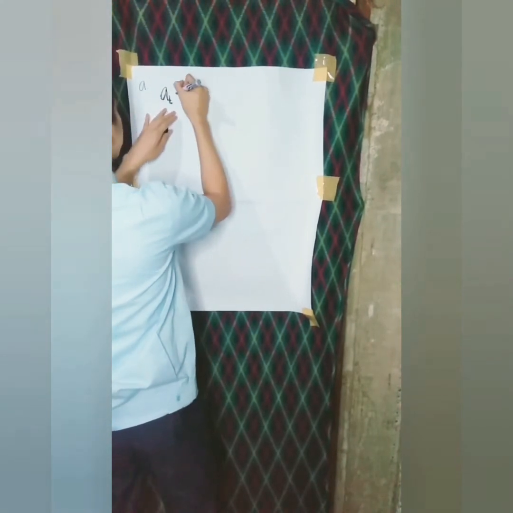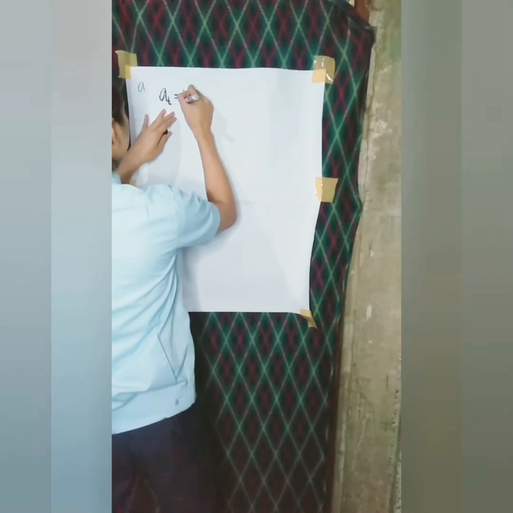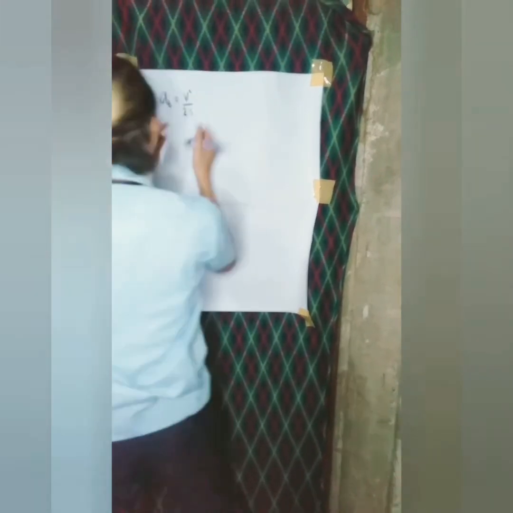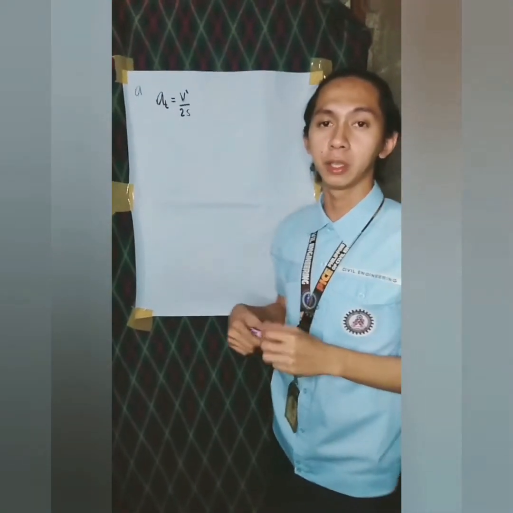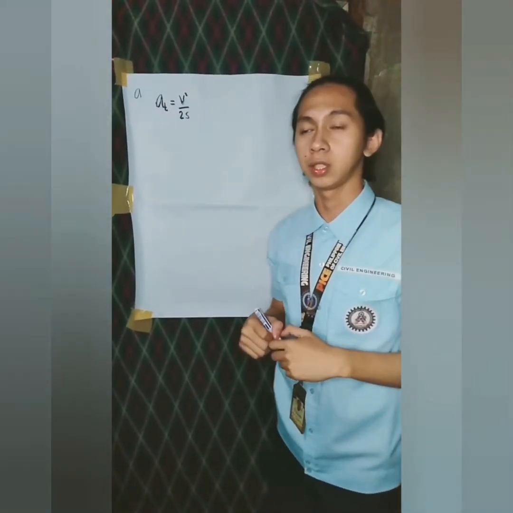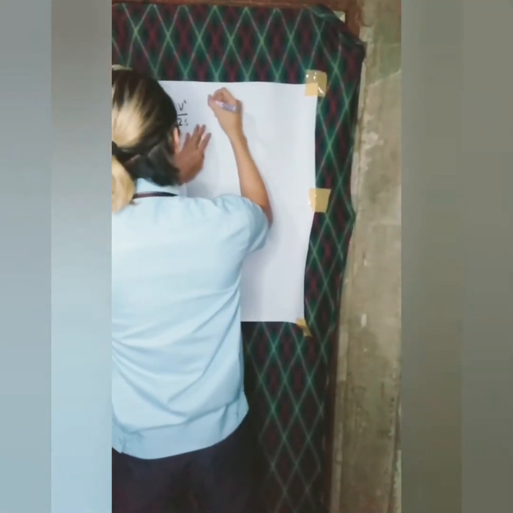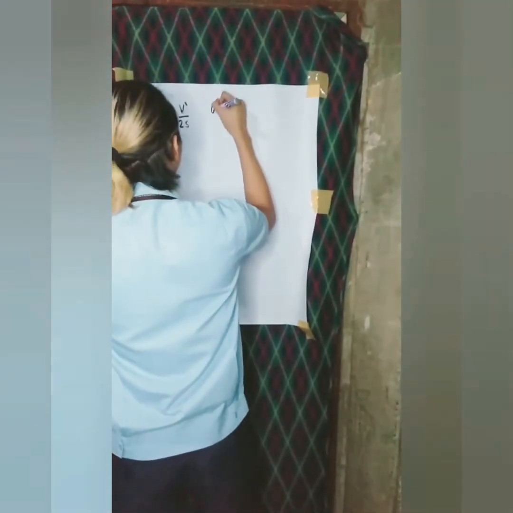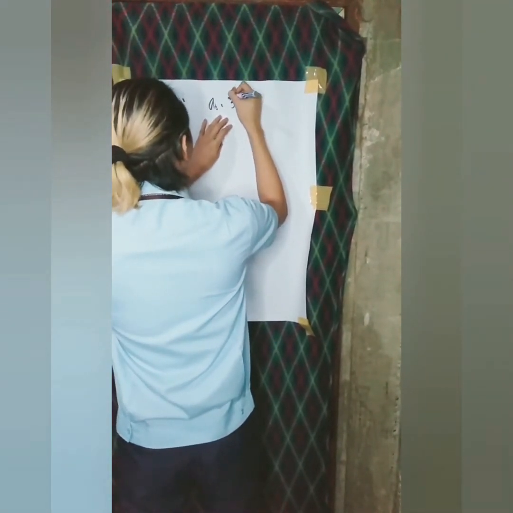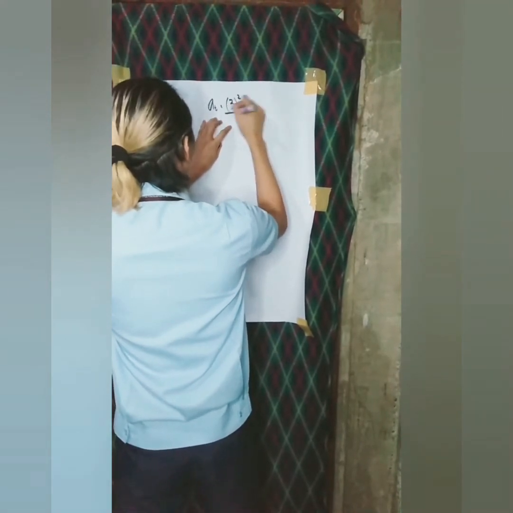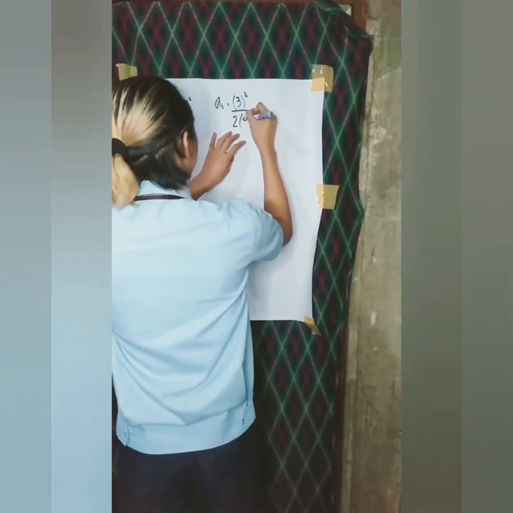So here, A tangential is equal to V squared over 2S. S is given on the figure, which is the position, which is 4. So substituting the value, A tangential is equal to 3, the velocity, squared over 2 times the position, 4.